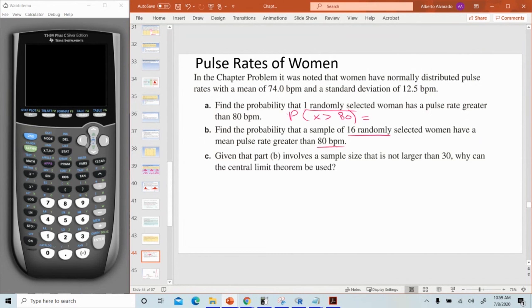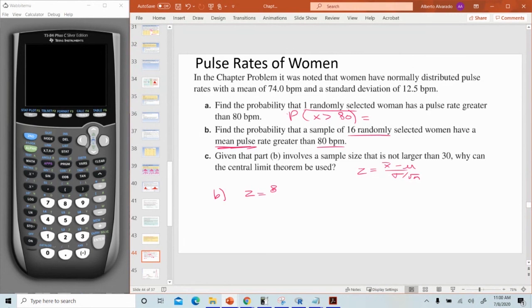So on B, the only difference is I'm going to use the z-score of x bar minus the mean, over the standard deviation over the square root of n. So x bar is the sample average: I want to know the probability that a sample of 16 has an average of 80.